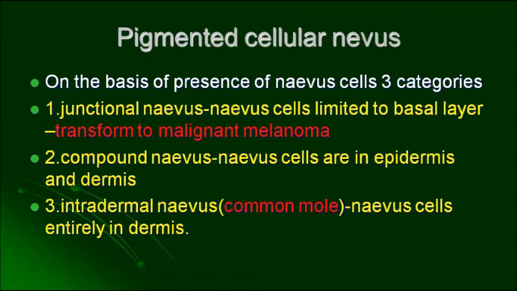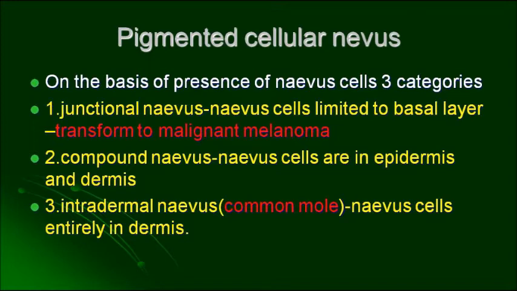That is the basic structure. So depending upon whether the nevus cells are present within the epithelium, in the basal layer of the epithelium, or within the connective tissue, we can divide the cellular nevus into three types: junctional nevus, compound nevus and intradermal nevus.